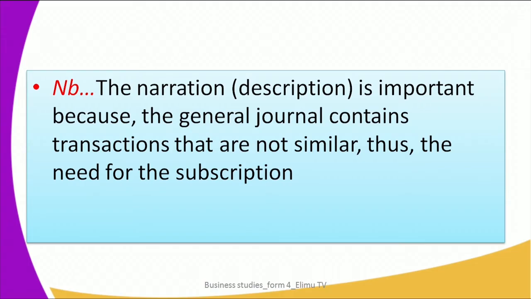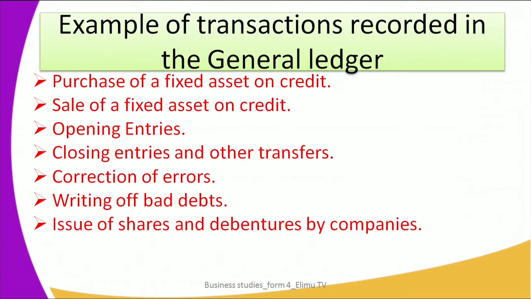Now when it comes to the general journal, what are those transactions that are recorded in the general journal? Let's look at examples of transactions recorded in the general journal, and they include: one, purchase of a fixed asset on credit. I want to believe that you know what a fixed asset is.